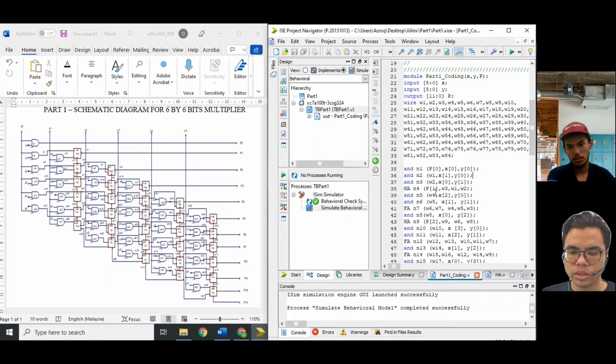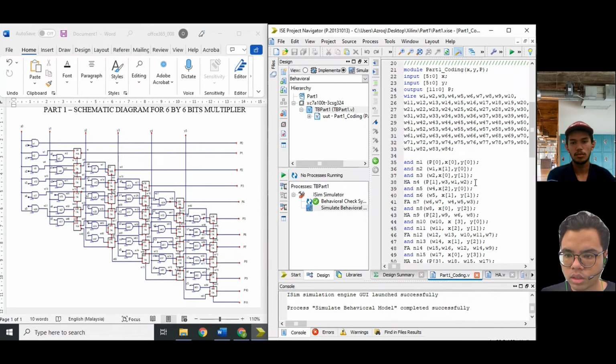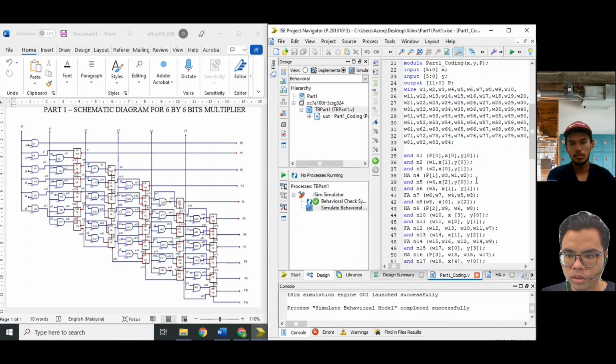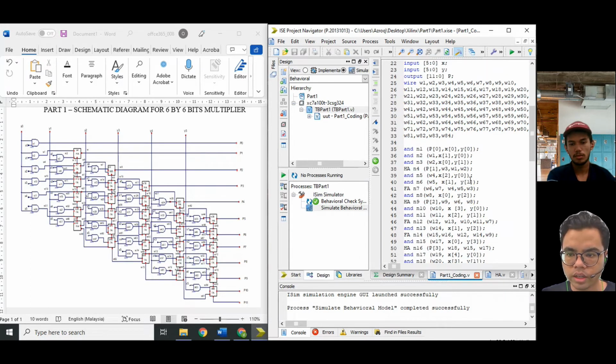For the half adder, which we declared as HA, N4, the outputs are A1 and W3 and the inputs are W1 and W2. A half adder has 2 outputs and 2 inputs. Then for the N5 AND gate, the output is W4 and the inputs are X2 and Y0.